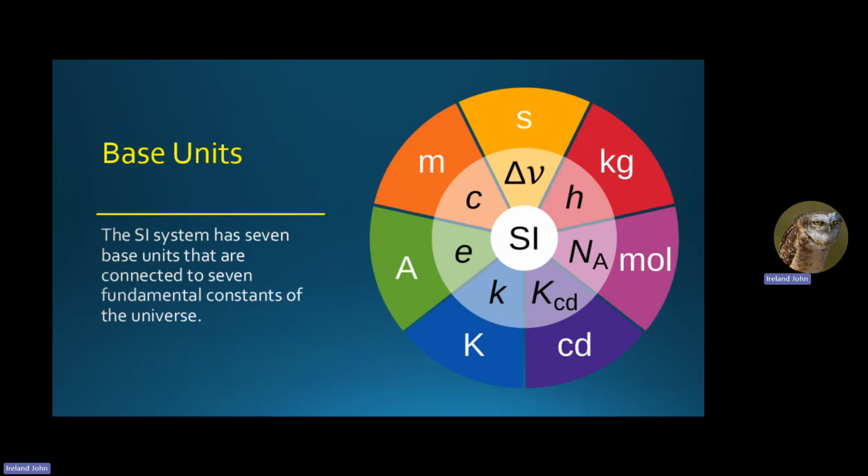No matter what you're talking about, it's some combination of 7 fundamental units. With 7 fundamental units, you can describe any measurement in reality. And each of those 7 fundamental units can be linked directly to some immutable constant of the universe, right?